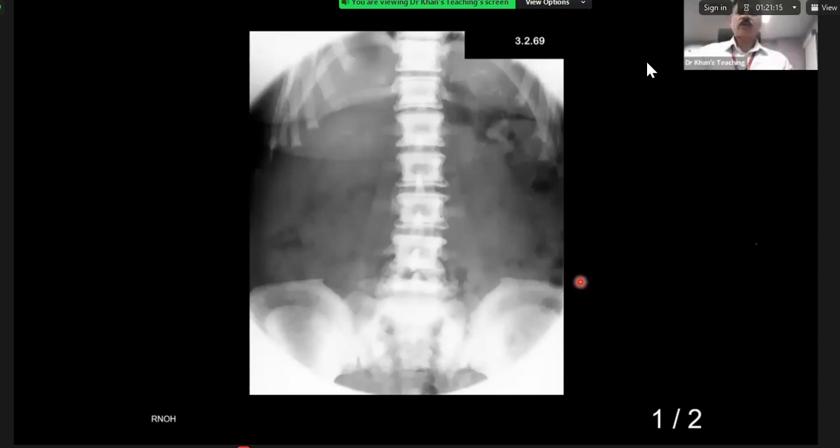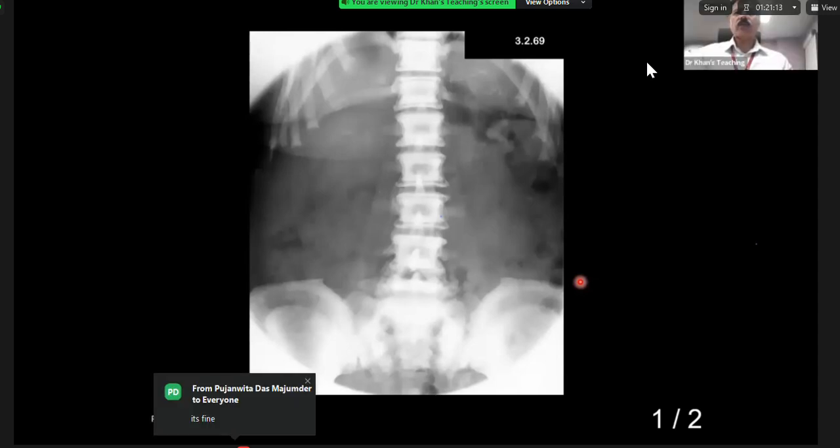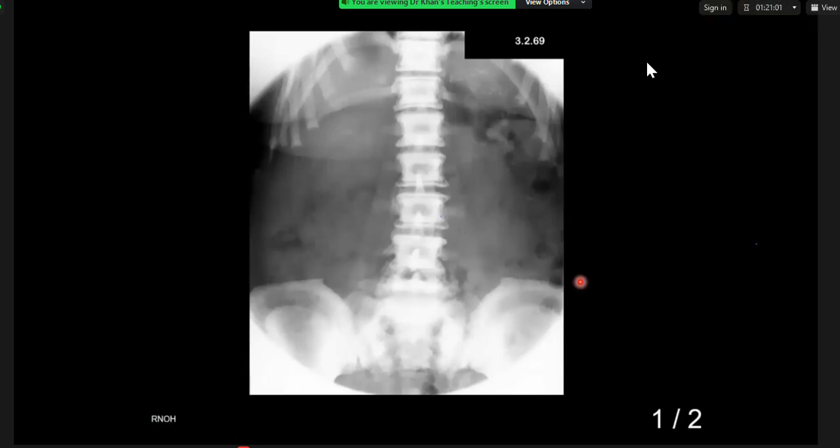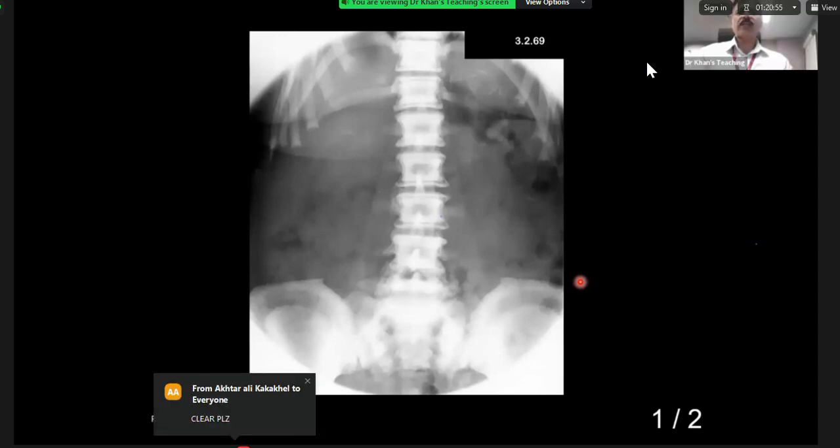Why is it a child, and why is it not a child, and why will it not matter? Osteopetrosis can happen to a child who becomes an adult, isn't it? Yes, if it's a mild form, yes. So the point is, is there some specific sign here where you can say that this is osteopetrosis?